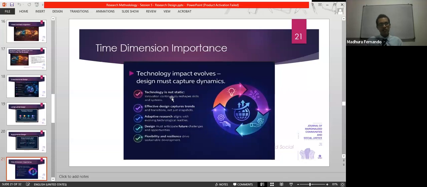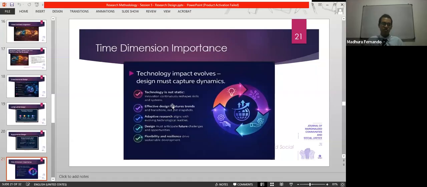Now, when the technology is always changing, when the people innovate new things, you have to always adapt to situations, because when you go along the timeline, there are so many changes which occur.